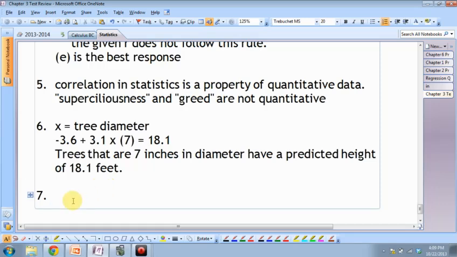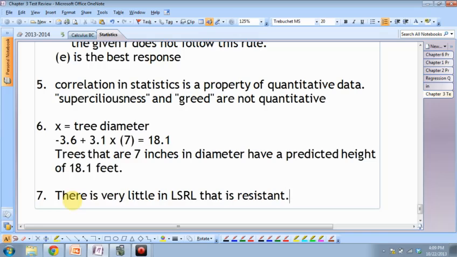7. The following are resistant. I think the thing to know here is there's very little in bivariate data, LSRL, that is resistant. I can't actually, off the top of my head, think of anything that's resistant here. What does it mean by resistant?